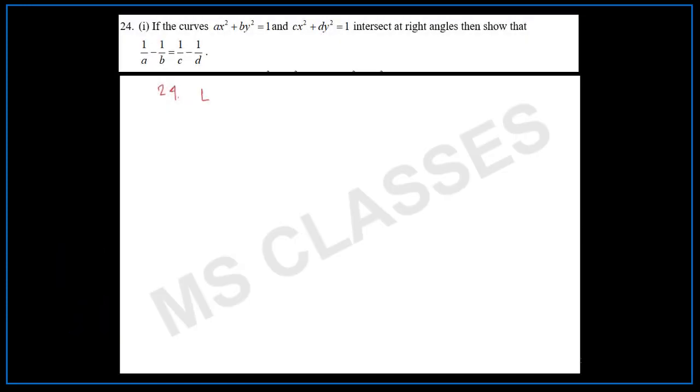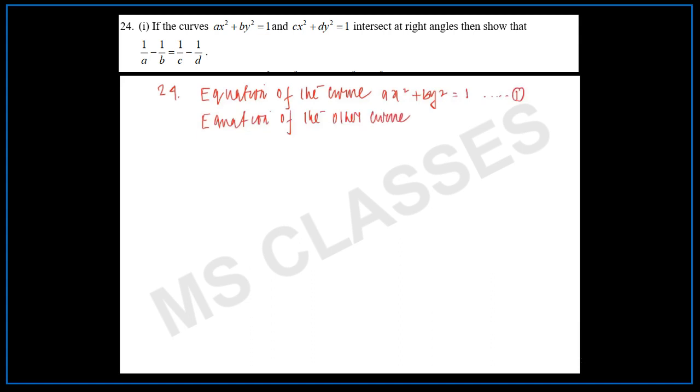Equation of the curve ax square plus by square equals 1, and the equation of the other curve is cx square plus dy square equal to 1.